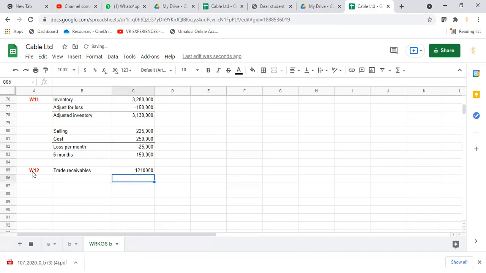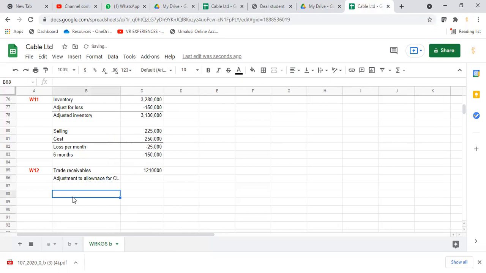Then we need to make an adjustment. Okay, so adjustment to allowance for credit losses. So remember, the balance at Feb 19 needs to be 105.